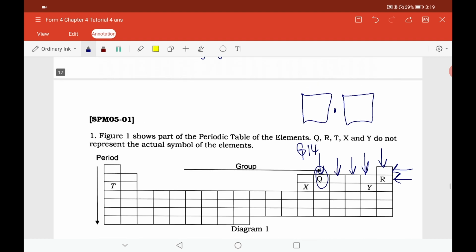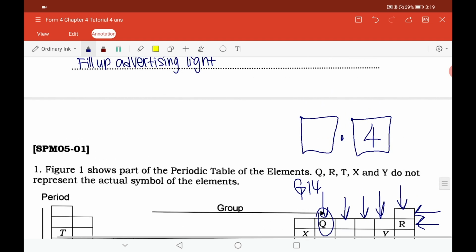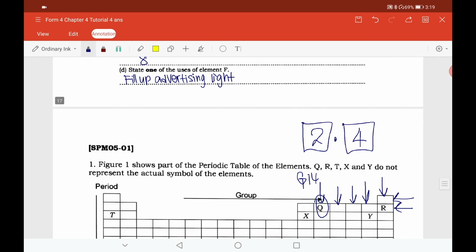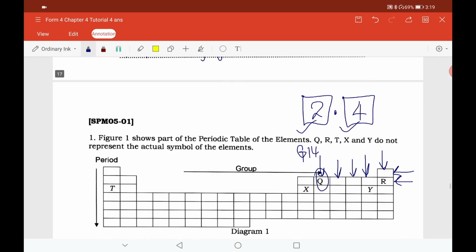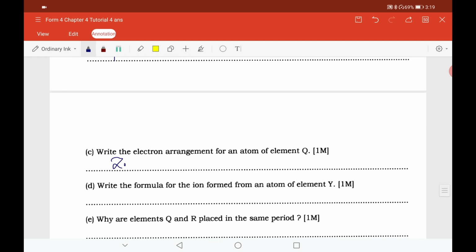Group 14 should have 4 valence electrons. So the first shell, to make it full, we just put 2 electrons. The first shell only needs 2 electrons to be full. So the electron arrangement is 2 and 4. We just write 2 and 4.